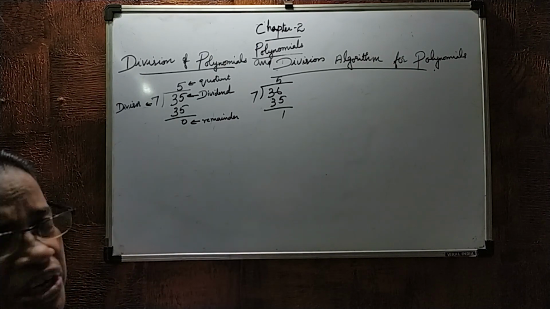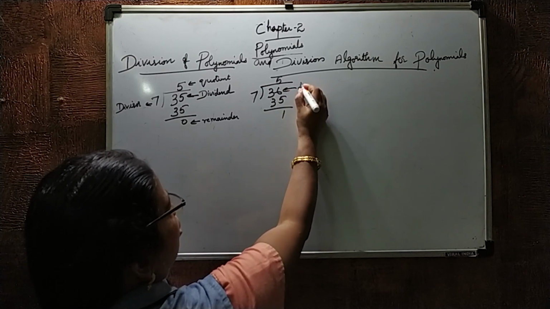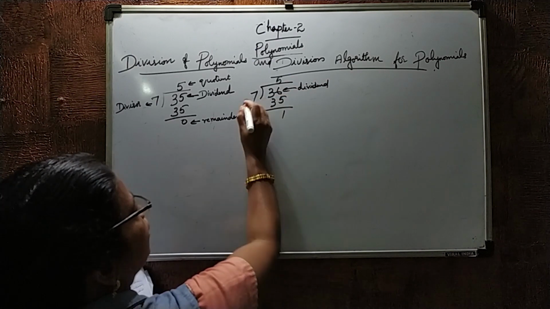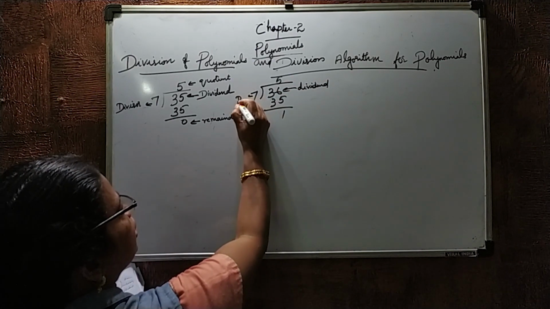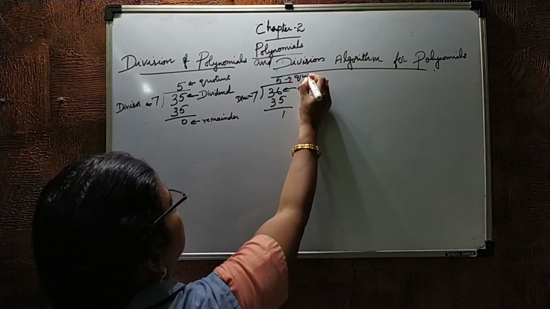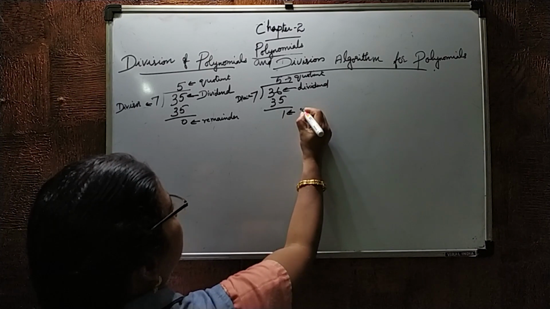So this you have studied in 4th I think. Same thing you will repeat here. This is called dividend. What is inside it is first thing to divide. Here it is called divisor. Here it is quotient. And this is called remainder.